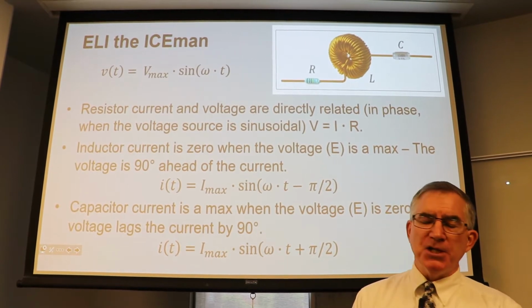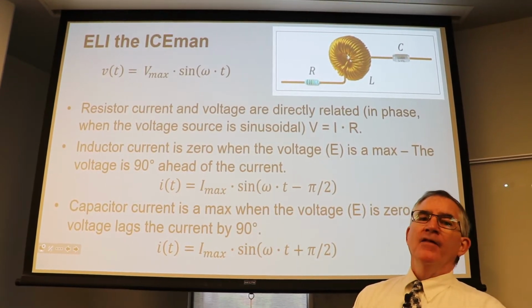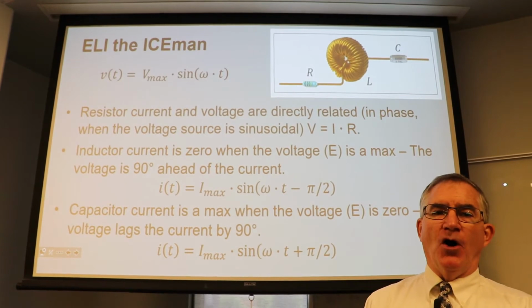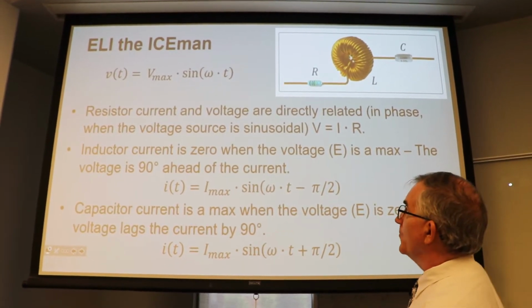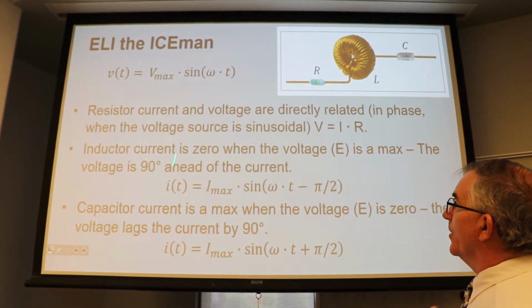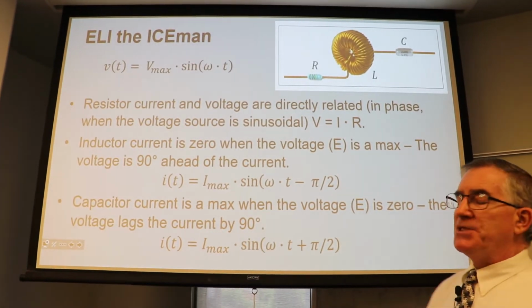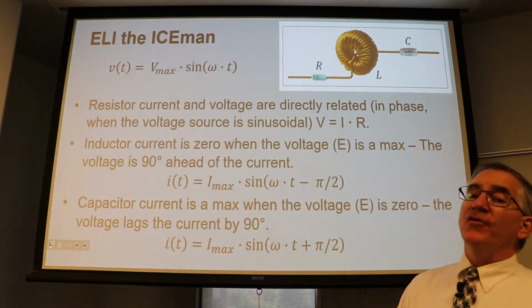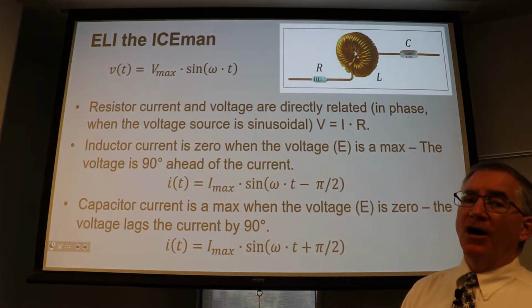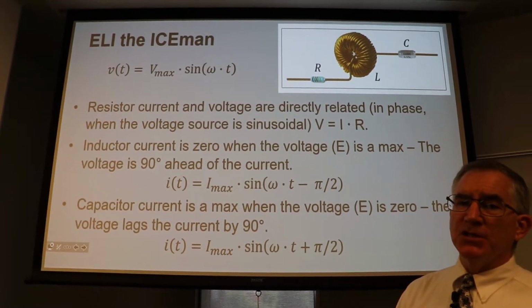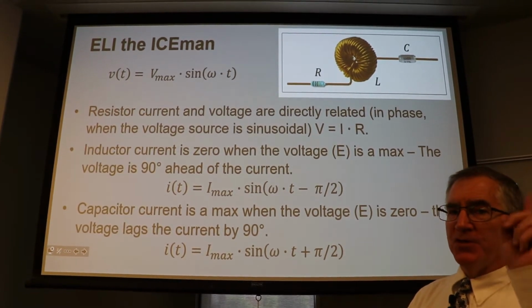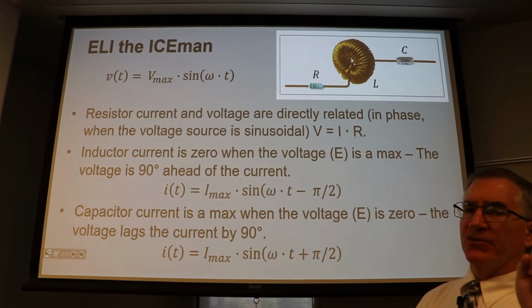And when the greatest change takes place, it will choke off all the current. So when the voltage is a max, the current is 0. And we say when that happens, the voltage is ahead of the current, because the voltage is a max when current is equal to 0.